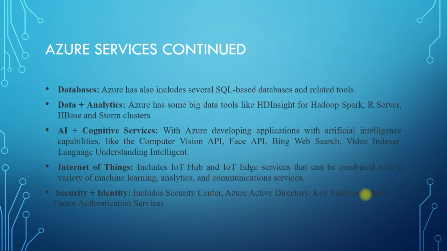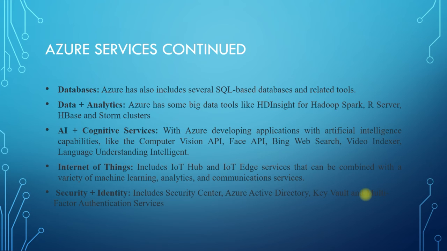Azure services continued. Obviously, there are a lot of features and a lot of services, so one slide is not enough. In this slide, we have databases, data plus analytics, AI plus cognitive services, IoT, and the most important thing, security. So let's start with databases. Azure has a lot. It includes several SQL-based databases, NoSQL-based databases, and many related tools.